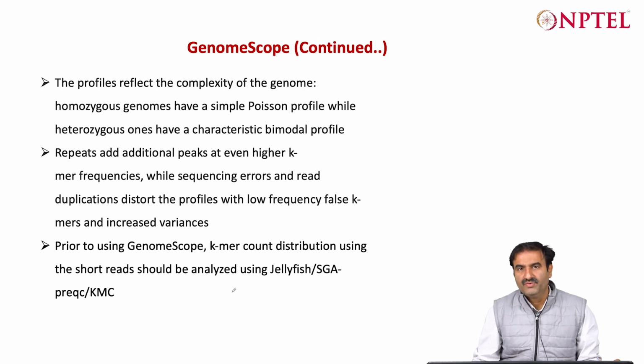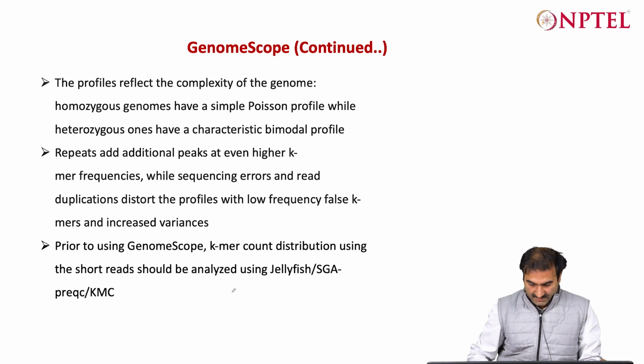So they are important tools to estimate the genome complexity and how heterozygous the genome is. Generally, a homozygous genome will follow a simple Poisson profile, whereas if the heterozygosity is more, you will get a bimodal or other complicated profiles.